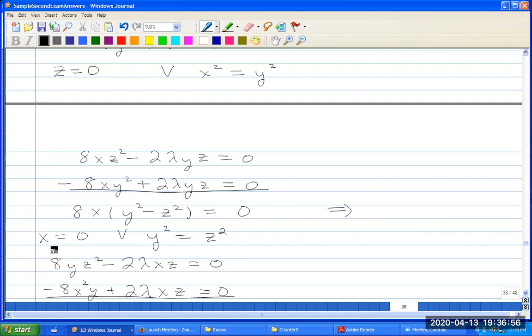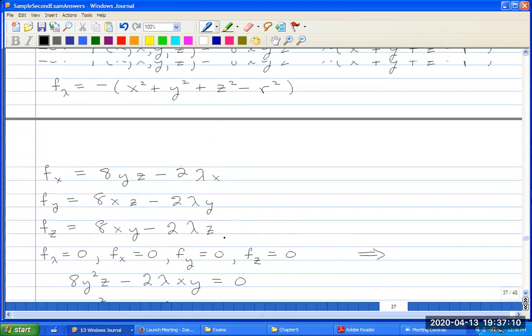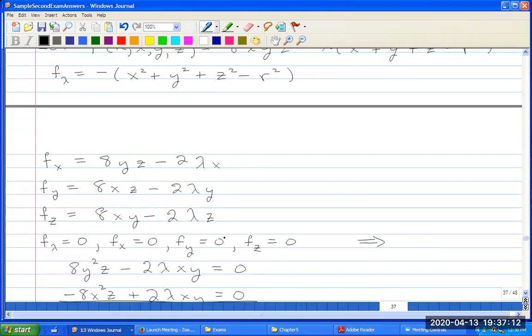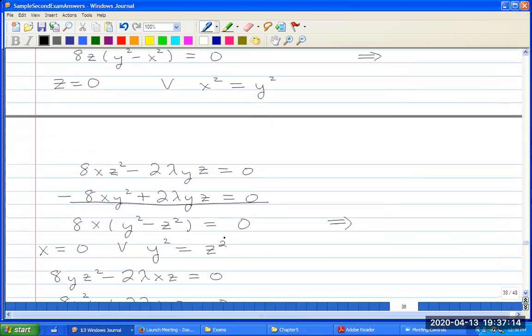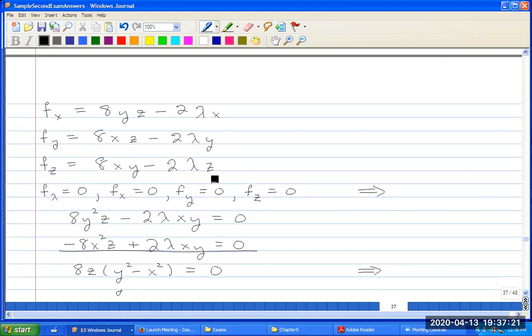So you get either x is 0 or y squared minus z squared is 0. Lastly, you can multiply this one by z and then by x.